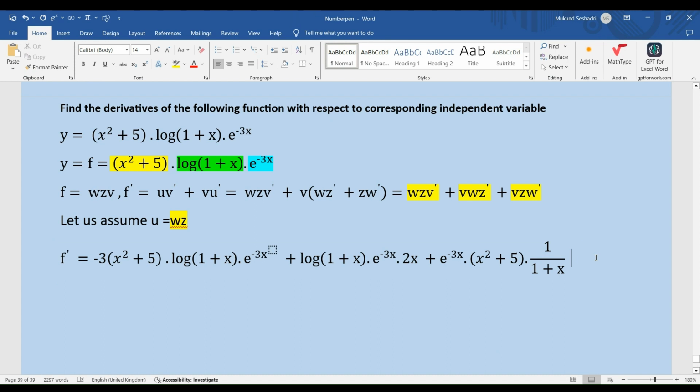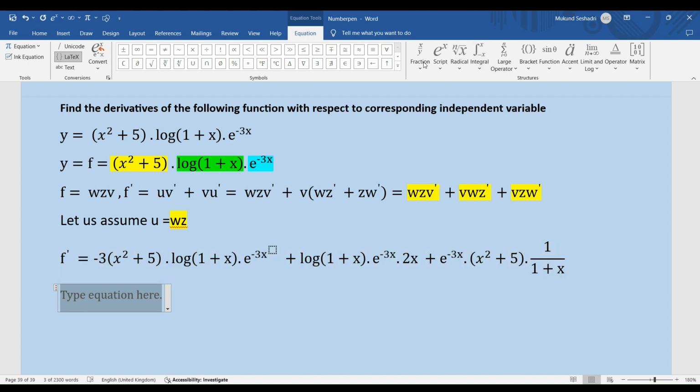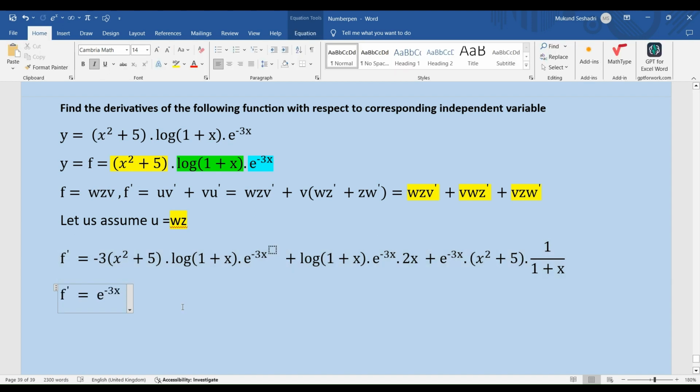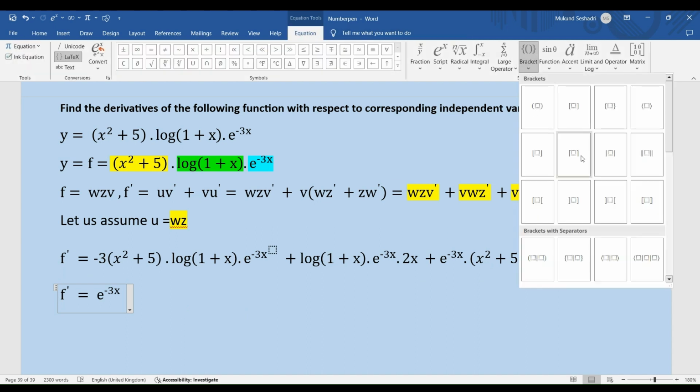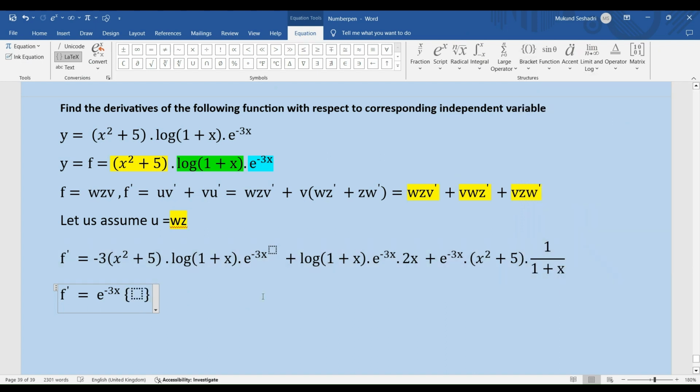So this is my expression. I don't see an opportunity to simplify except that we can pull out my e to the power minus 3x, right? So let me open my big bracket, because I'm going to put all the remaining parts of the function into the big bracket. So I have e to the power minus 3x as common.